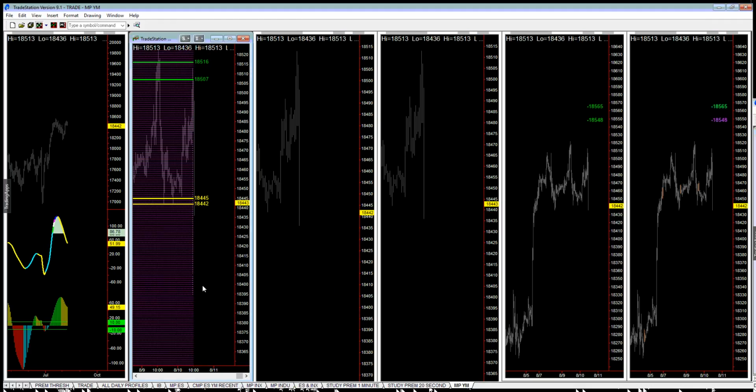Just as a point of interest, we went back to the YM chart and found two points of control, 18,442 and 445, which we've dropped below. That was a nice predictive drop down to at least that level, but as we say, we're expecting this to go just a little lower.